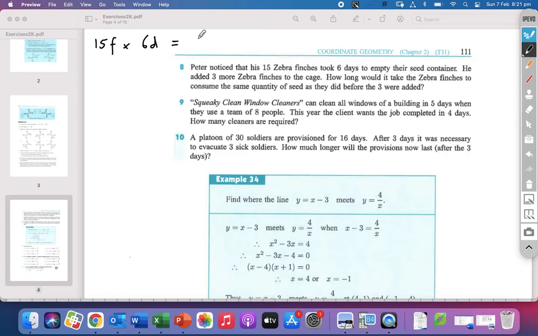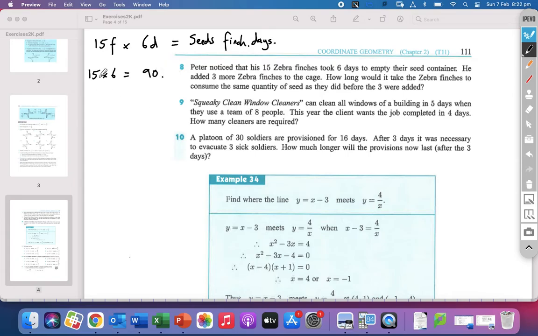So maybe I'll call it seeds. Speaking, the units would be finch days, which is kind of a bit odd to think about. But maybe if I do this, it will make more sense of it. Because 15 times 6 equals 90, right?